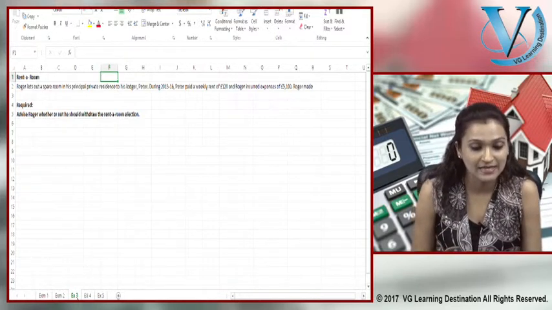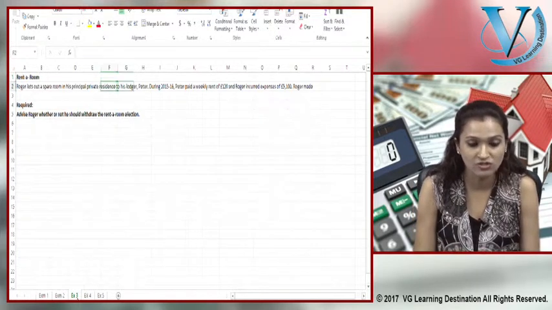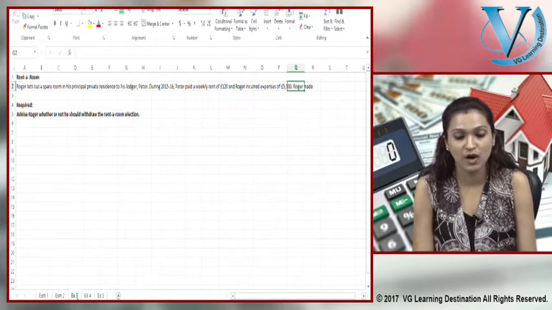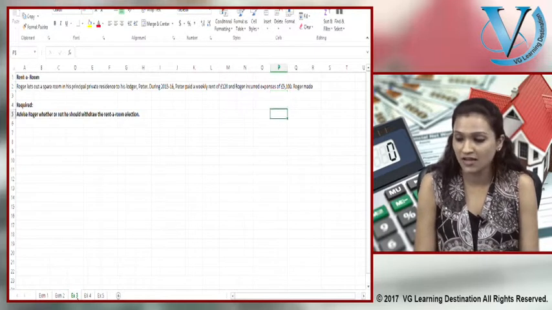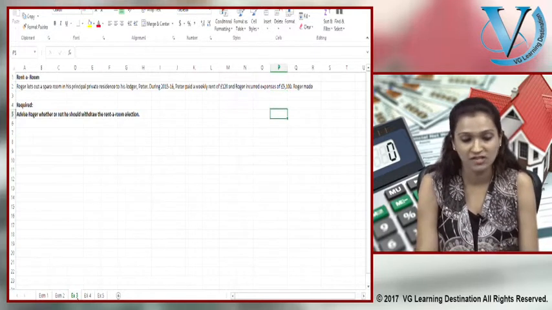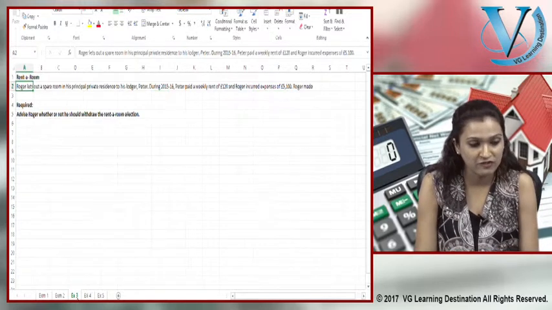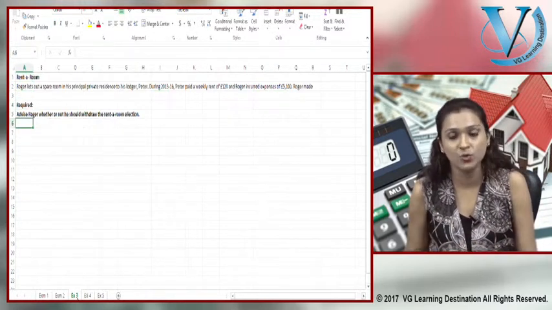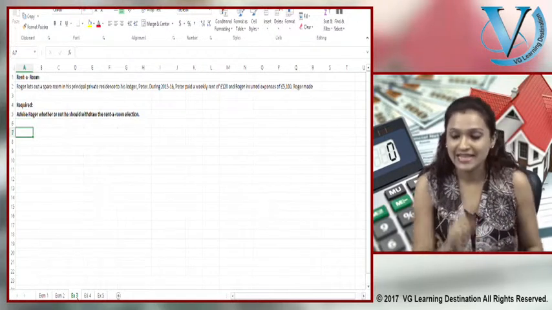During 15-16, Peter paid a weekly rent of £120 and Roger incurred expenses of £5,100 on the room. Roger made the rent a room selection in an earlier year. Explain whether or not it would be beneficial for Roger to continue with the rent a room selection, or should he withdraw from this selection this year.